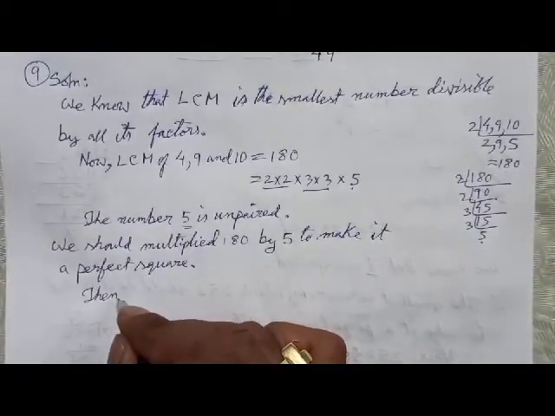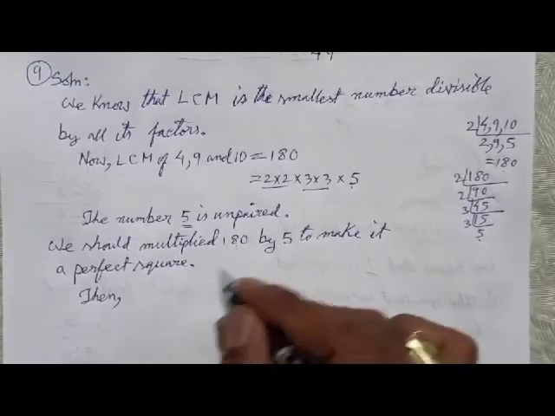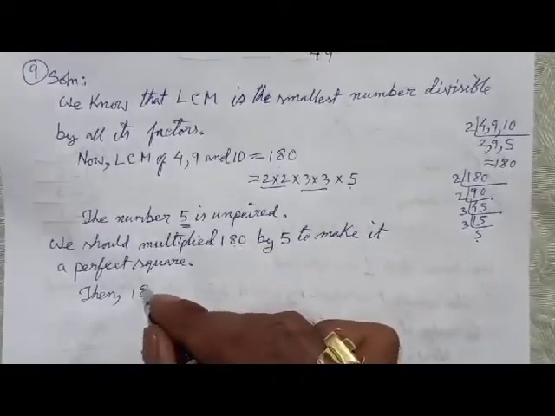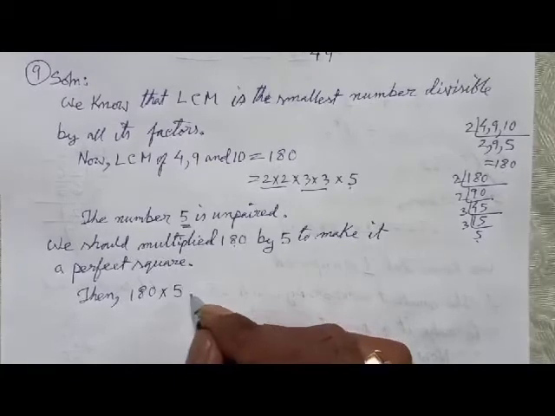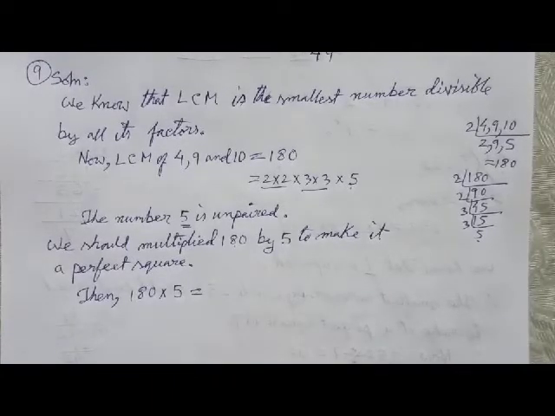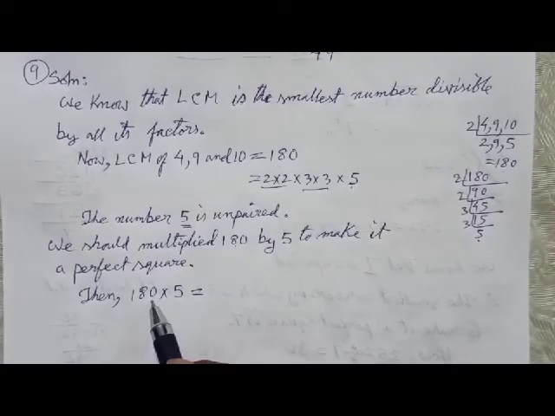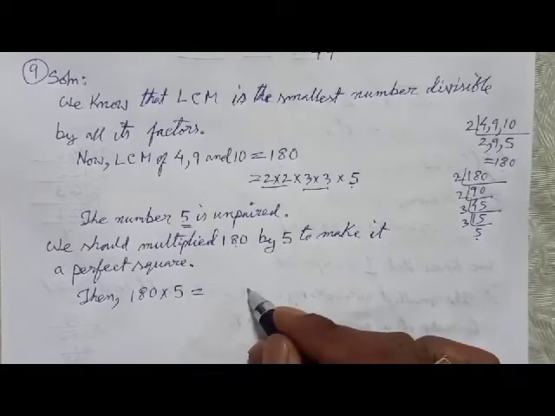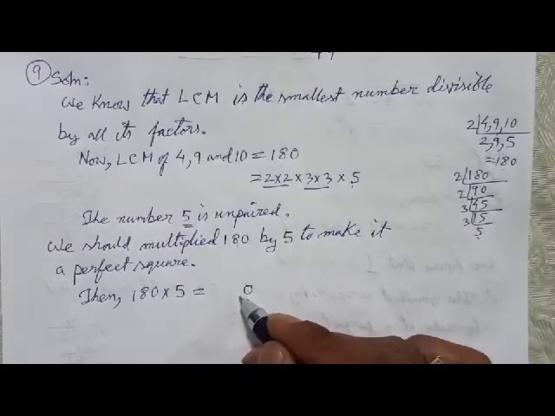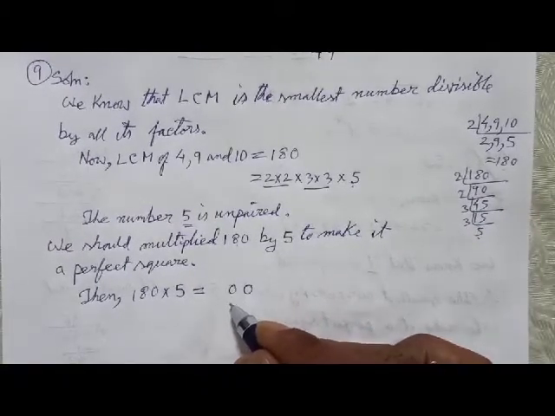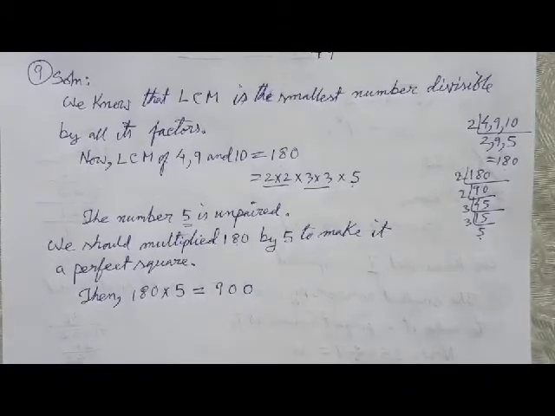Then this 180 is multiplied by 5. If 180 is multiplied by 5, then 5 0s are 0, 5 8s are 40, 5 1s are 5, plus 4 is 9, 900 is what we get.